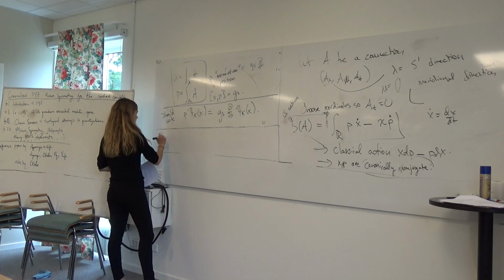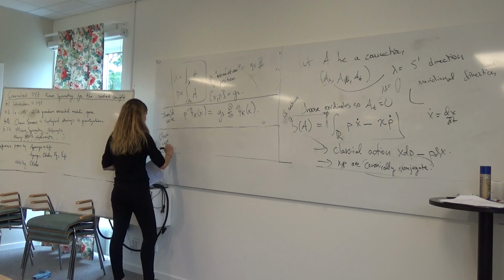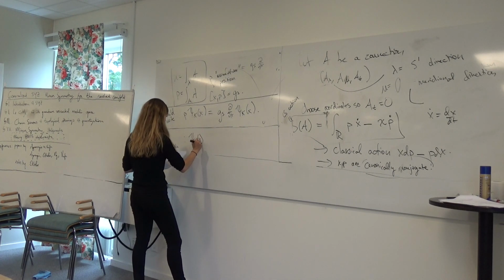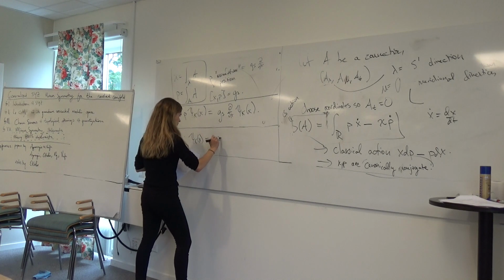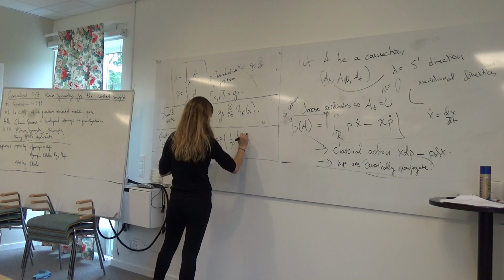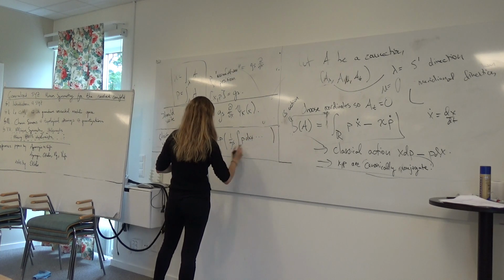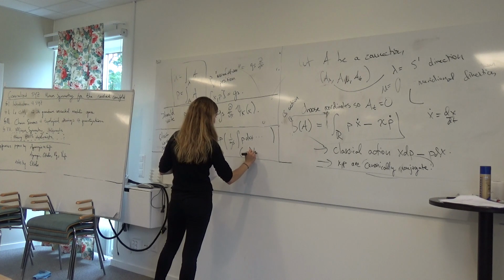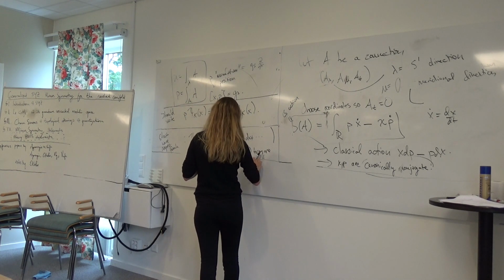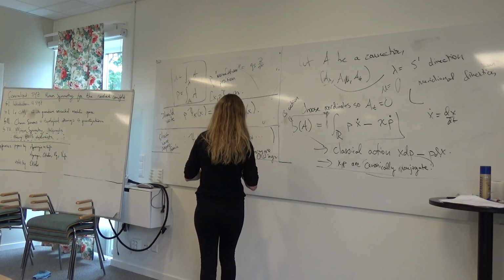So the short wave asymptotic formula tells us that psi k of x is equal to the exponential of 1 over g_s times the integral of p dx plus dot dot dot, and these dot dot dot terms are big O of 1 in g_s.